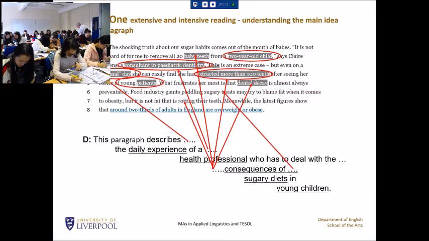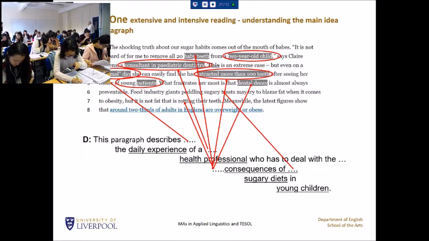Paragraph 2, paragraph 2. If you haven't got it, there it is.